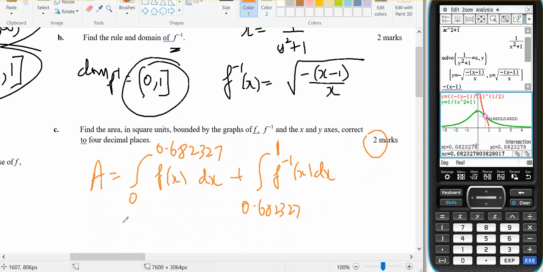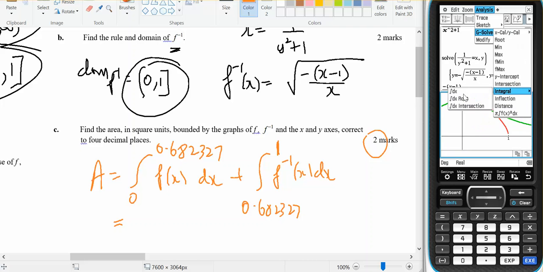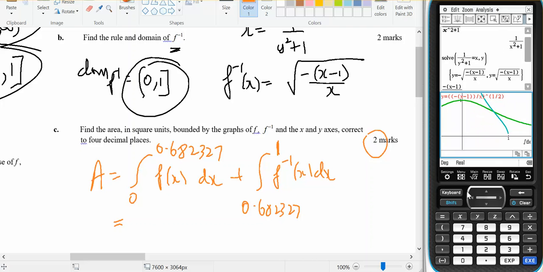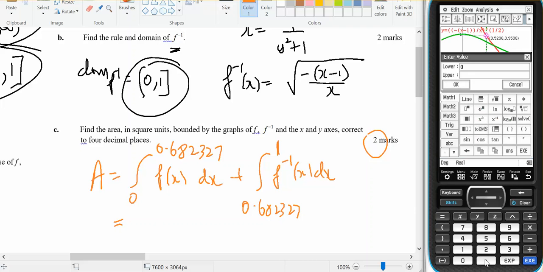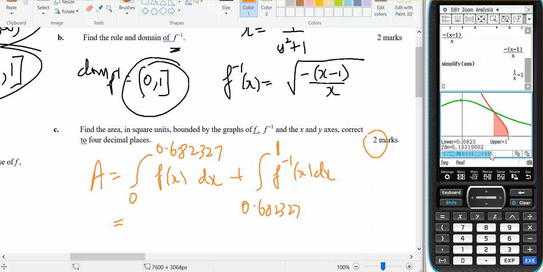And since my answers are correct to 4 decimal places, I can do that on here quite comfortably. And I can go analysis, G-Solve, integral. If I take that one, so I go XE, 0.682327 to 1. That's that area there, and I grab it.